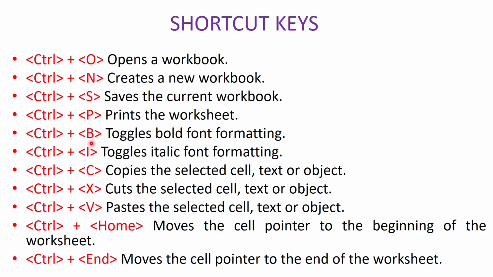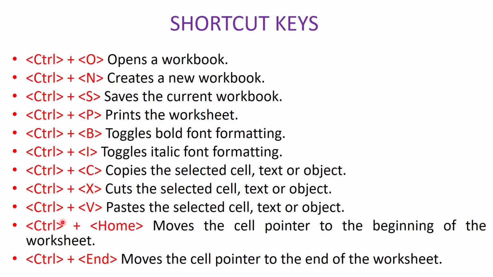Next is Control plus B, toggle bold font formatting. Next, Control plus I, toggle italic font formatting. And next shortcut is Control plus C, used to copy the selected cell or content. And next, Control plus X helps to cut the selected cell, text, or object.